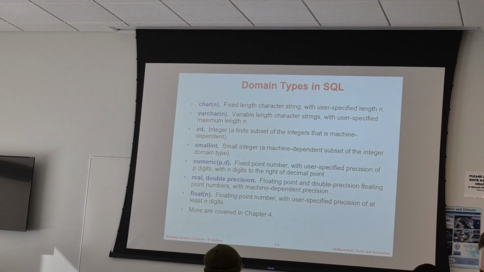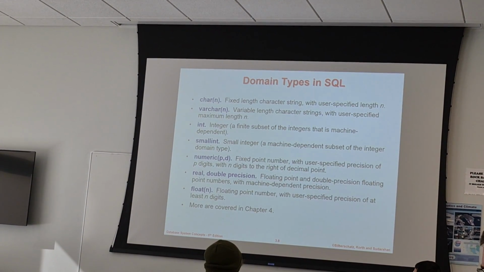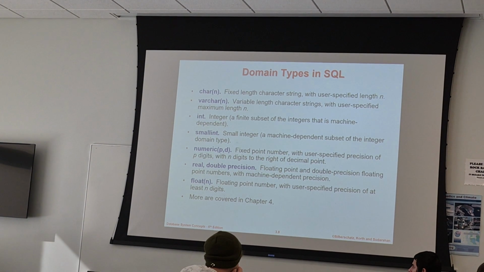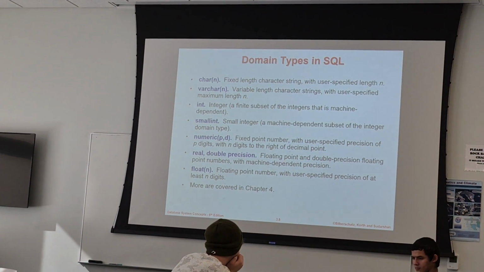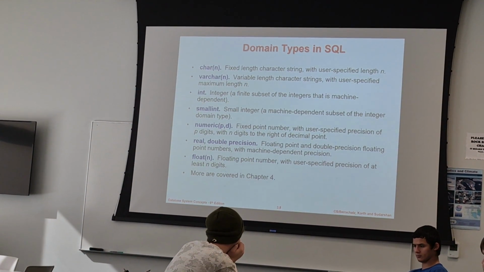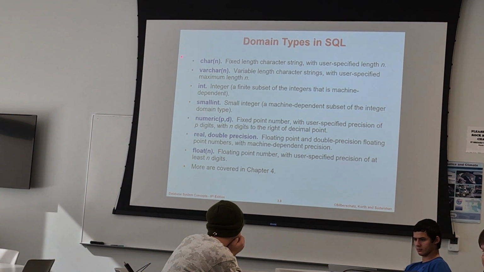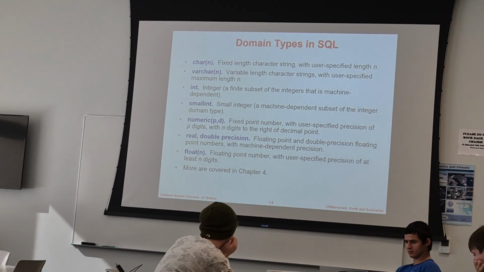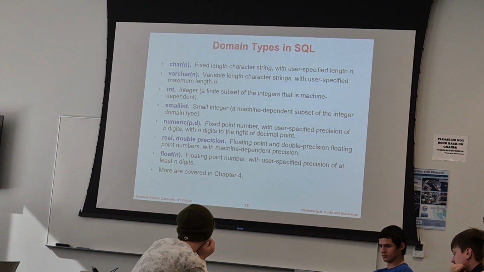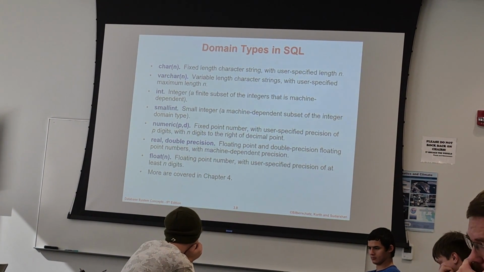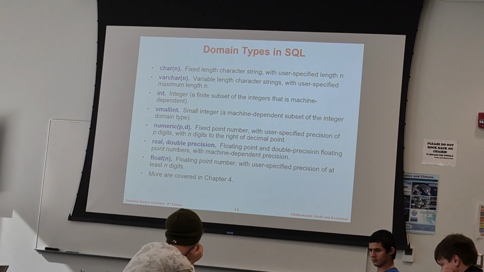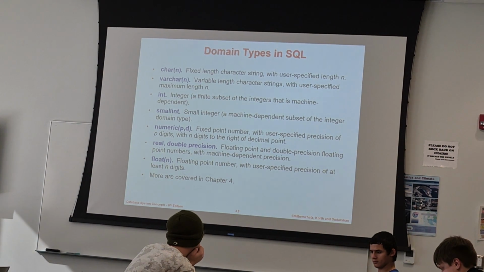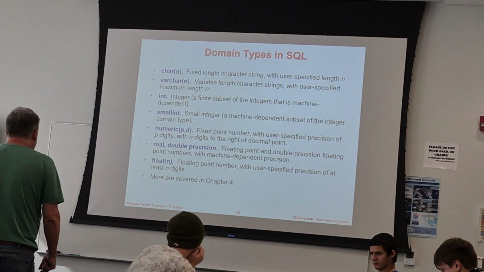So anyway, we've got a bunch of data types that are mostly familiar to us, available to us in our database tables. And really the only time you'll have to worry about these names is if I ever force you to create a table in SQL on the CS server, which, I don't know, probably won't happen.